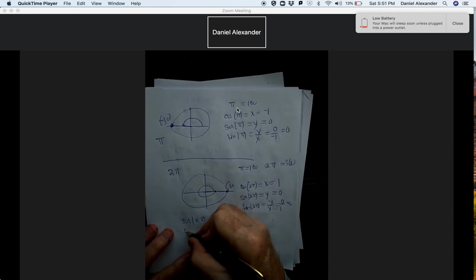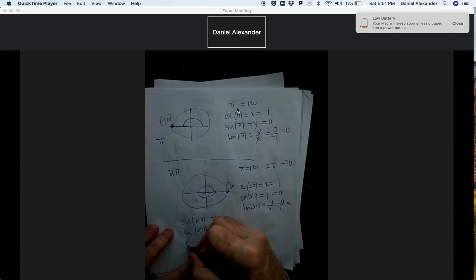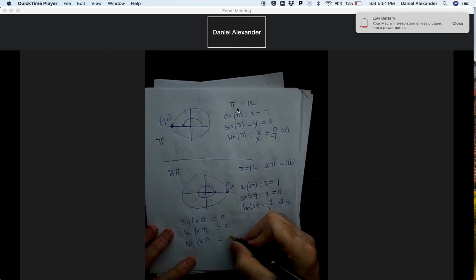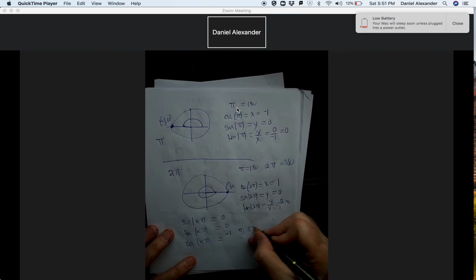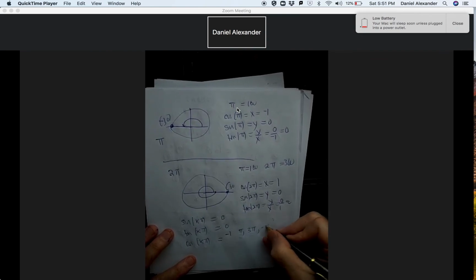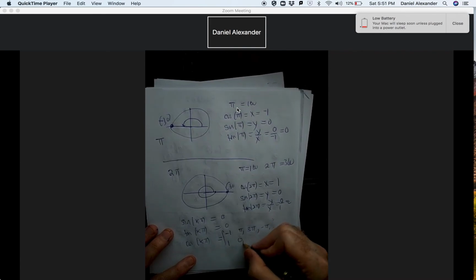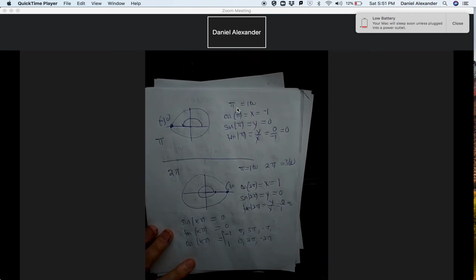The tangent of any multiple of pi, 0. The cosine of k pi is either going to be minus 1 for angles like pi, 3 pi, and minus pi, or it's going to be 1 for 0, 2 pi, anytime we end up completely back where we started.